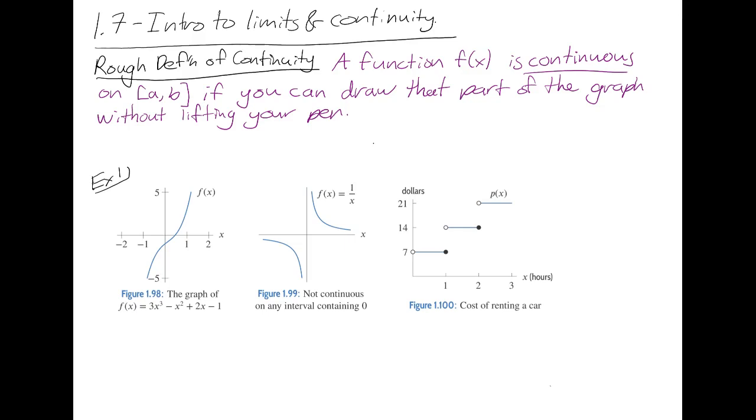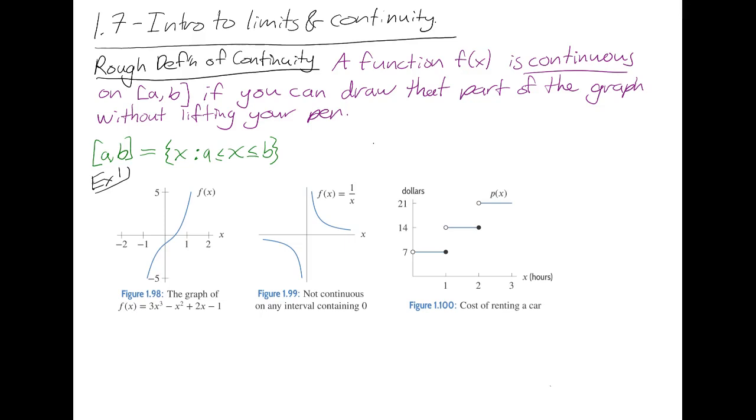Let's remember that the interval from a to b is another way of writing the set of x values such that x is greater or equal to a and less than or equal to b. Just a quick reminder of that. So this is a set of x values that includes a and it includes b and also everything in between. So if you can draw that part of the graph without lifting your pen, it's continuous.